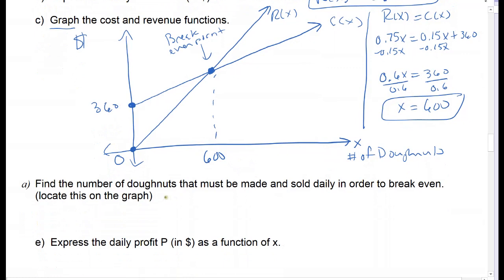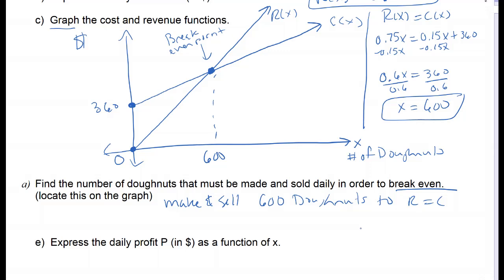To break even, she needs to make and sell 600 donuts. Again, her profit would be 0 in that case. She actually wants to go past that, but that's the very minimum she has to do. She has to sell 600 donuts every day to cover her cost.